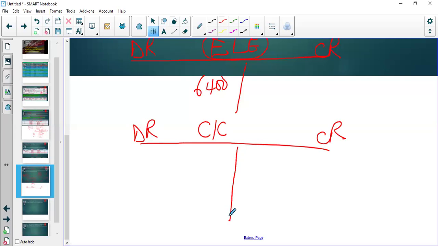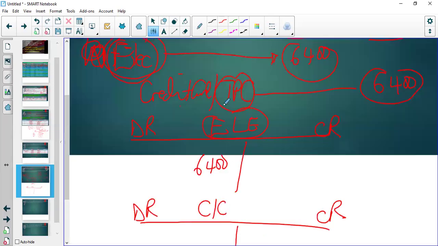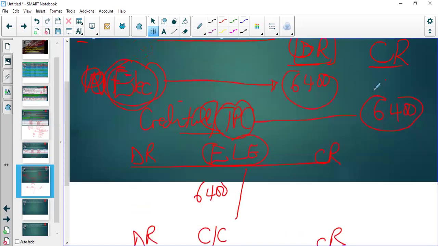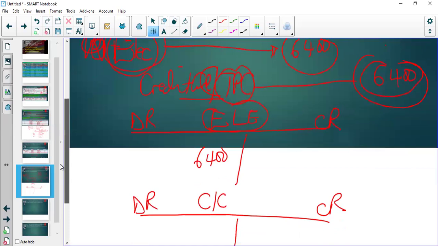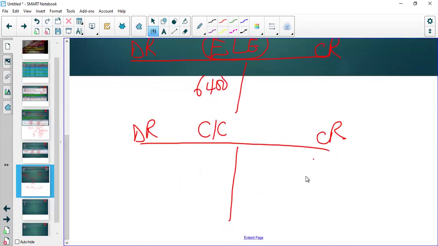Because we owe these guys some more, we have used their money, they provide us a service and we've made use of their service, so we obviously owe them that money. So this instruction says we need to go to this account, and on the credit side of this account we need to record 6,400. So we come to here and we record 6,400.